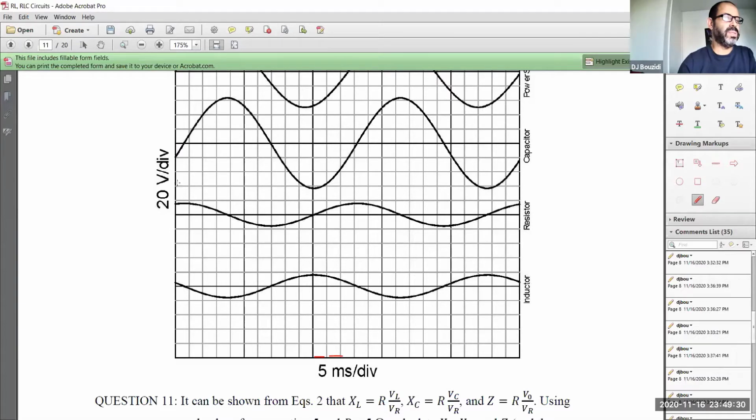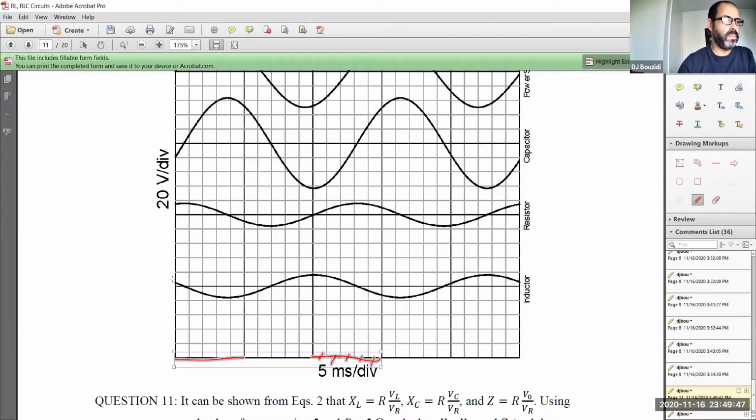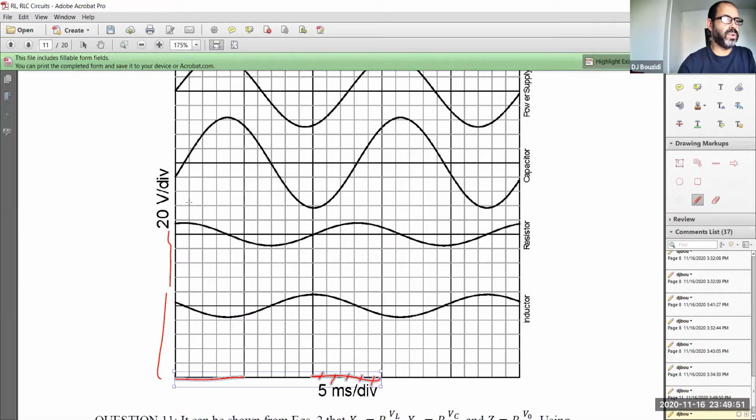This one is 20 volts. Sorry, what did I say? This is 5 milliseconds. This is 1 millisecond, 1 millisecond, 1 millisecond, 1 millisecond, and this whole thing is 5 milliseconds, okay? The same thing in here. This is 20 volts. This is another 20 volts and so on and so forth, okay?